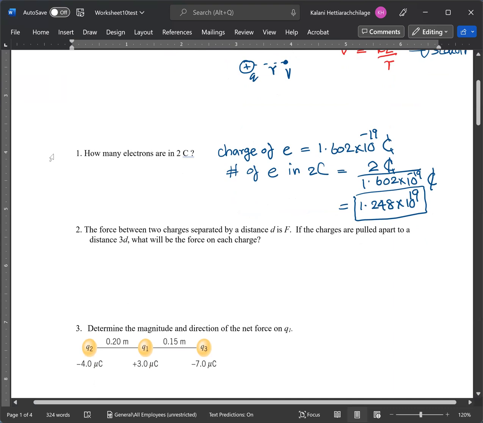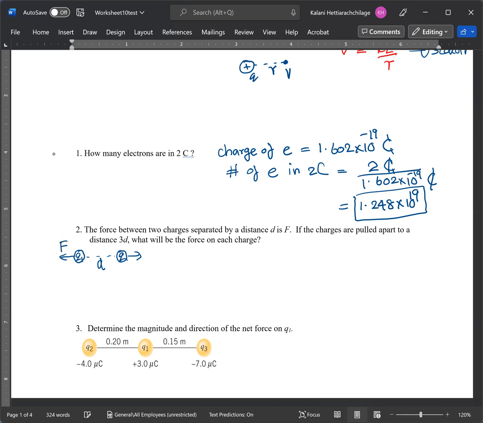Okay, now let's move into the second question. The second question is directly about understanding Coulomb's law. You have two charged particles, it does not give what the charges are, we'll say Q1 and Q2, right? They are sitting at a distance D, and there is a force F, right?